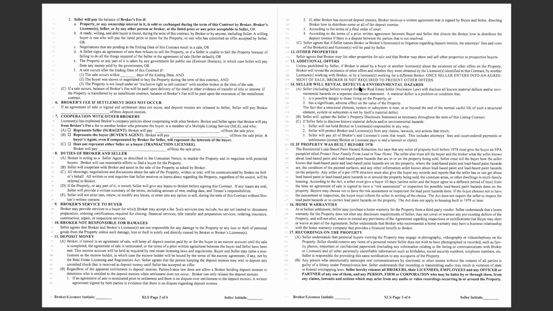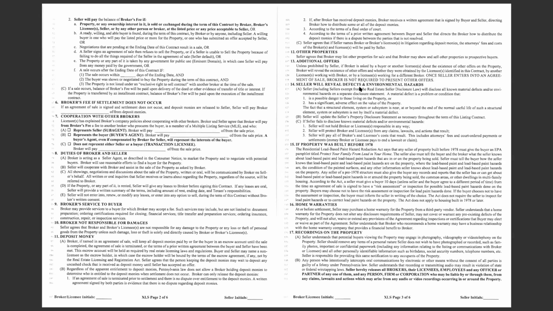If the property or any part of it is rented, seller will give any leases to broker before signing the contract. That's really important, guys. If you are dealing with a property that has a tenant in it, you must obtain the lease to review.